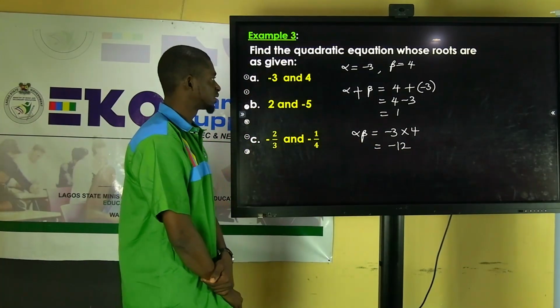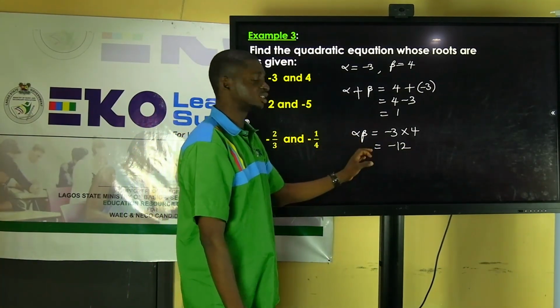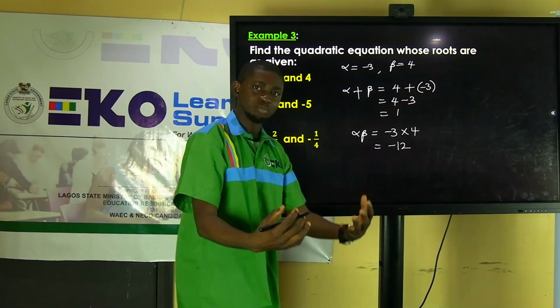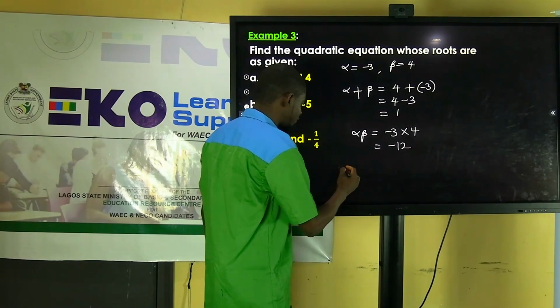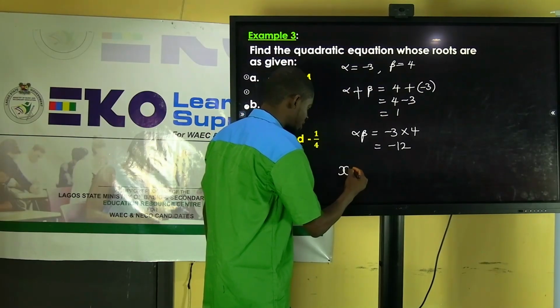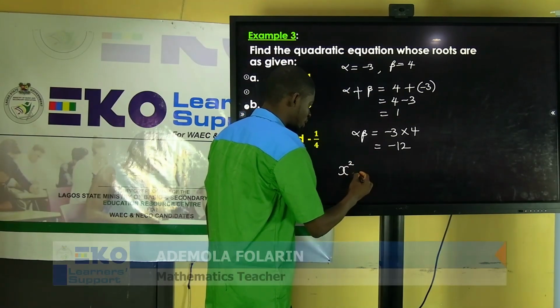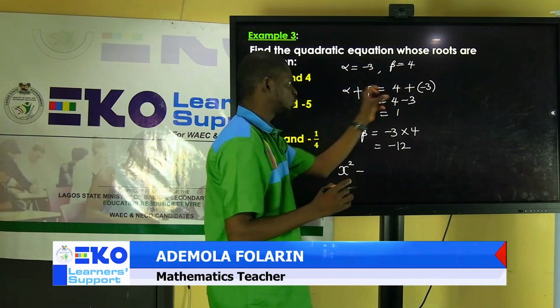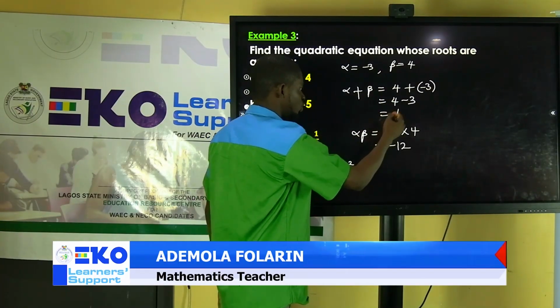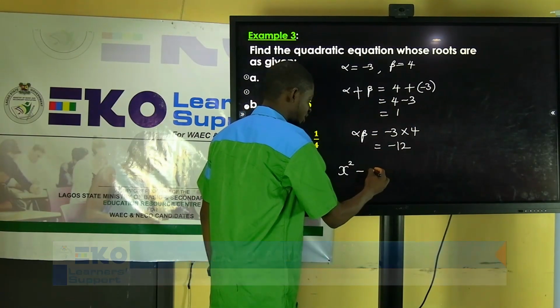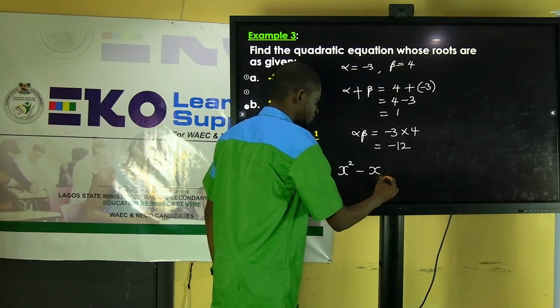Now that we know this, we have gotten the sum and we have gotten the product. Let's now bring it into a quadratic equation of the general form that says x squared minus the sum, that is 1. So 1 times x, 1x, we write that as x.